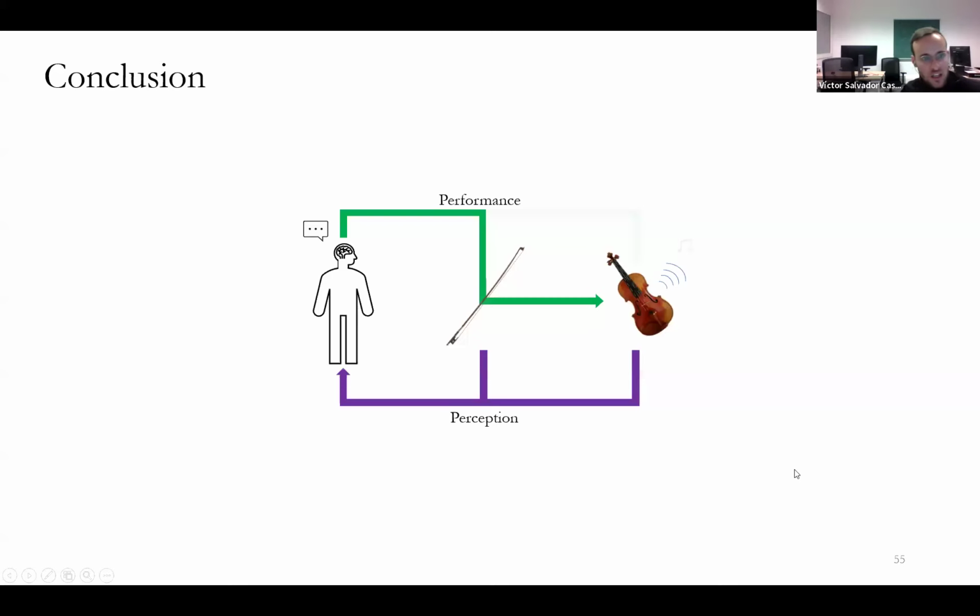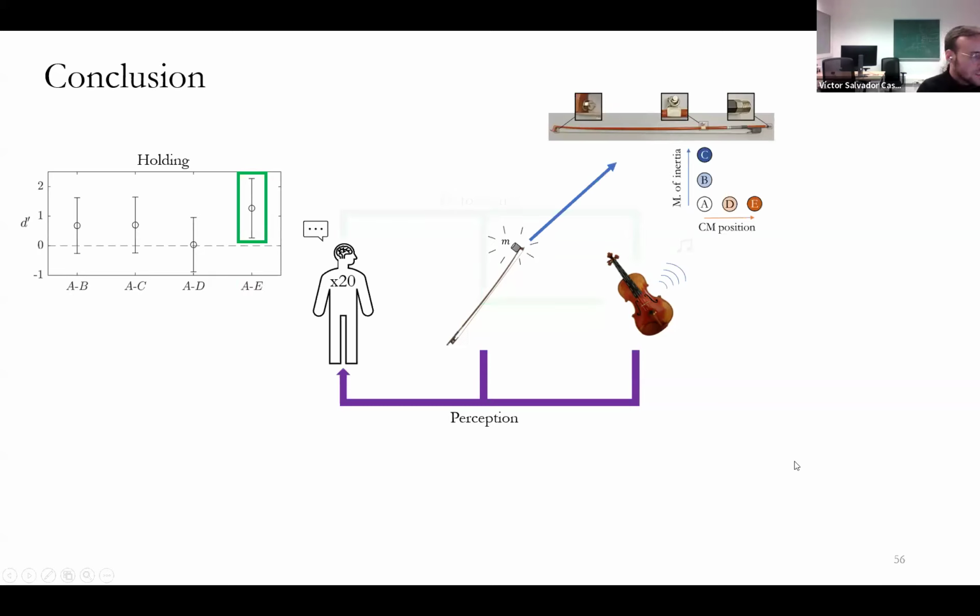Let me conclude briefly on what I just presented to you. We performed this perceptual experiment and investigated the sensitivity of participants, of violin players, to small and big changes in this bow mass distribution, using a bow that was designed and built by Duilio specifically for this project.